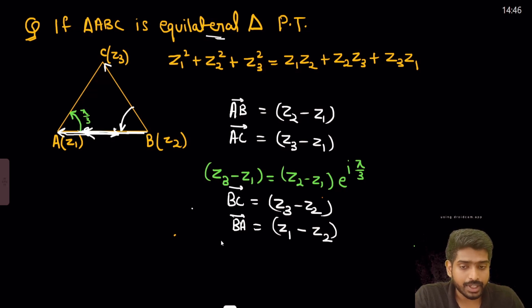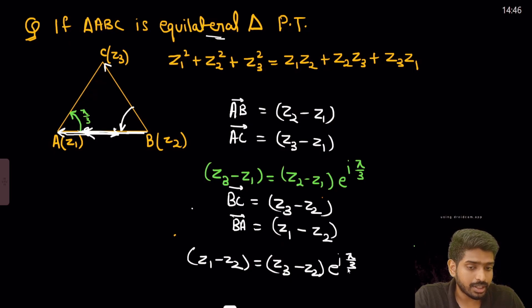So here we can write that Z1 minus Z2 vector, which is my BA vector, I can get by rotating BC vector, which is Z3 minus Z2, in anti-clockwise direction with 60 degrees. Understood? This is my equation number 1. This one is my equation number 2.